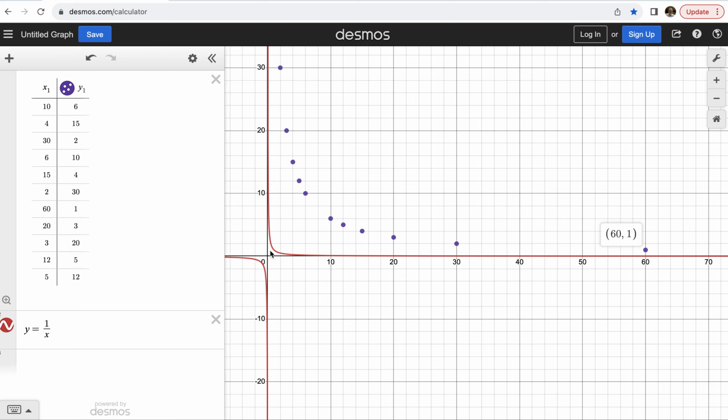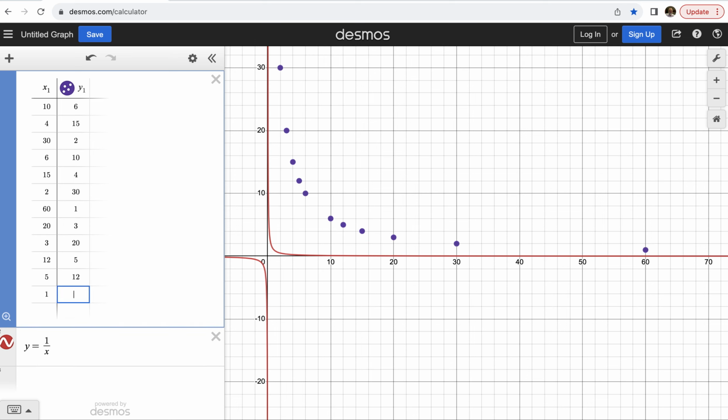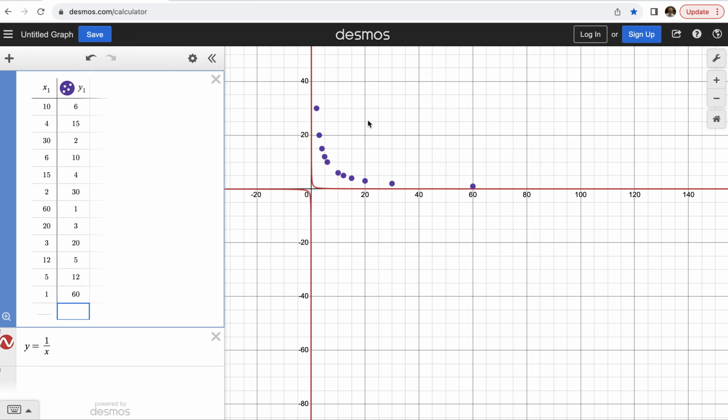So I can have 1, 2, 3, 4, 5, 6, 10, 12, 15, 20, 30, and 60. So there's only one point that this person didn't have, and that was 1 and 60. Those are the ones that make this graph.